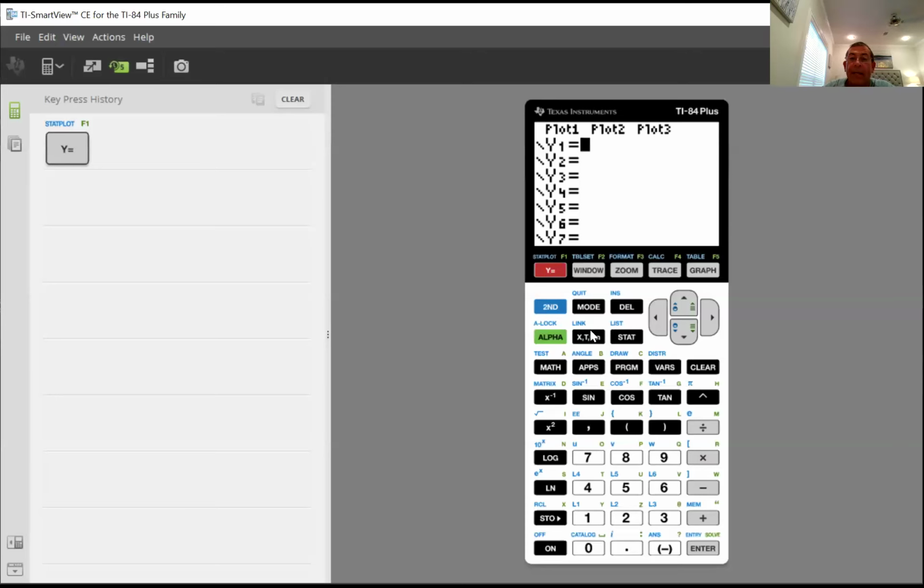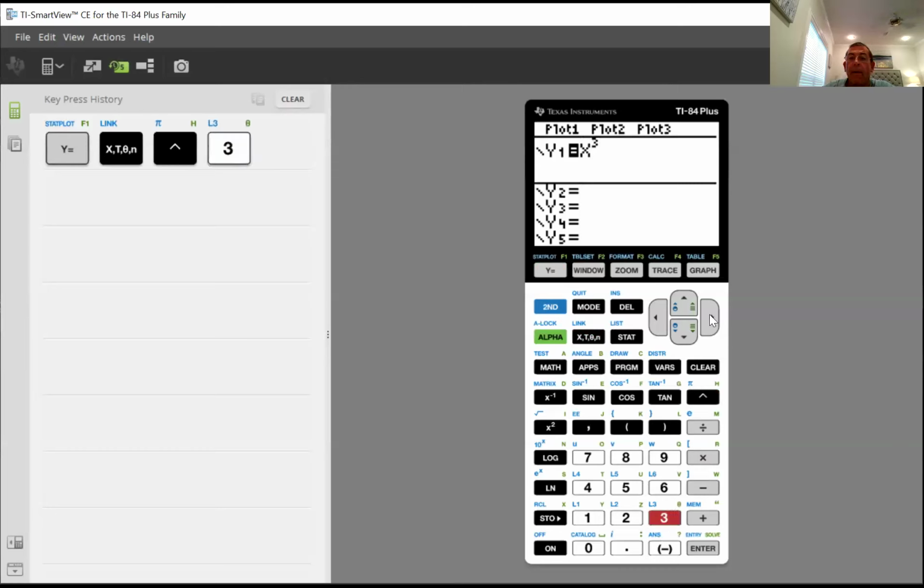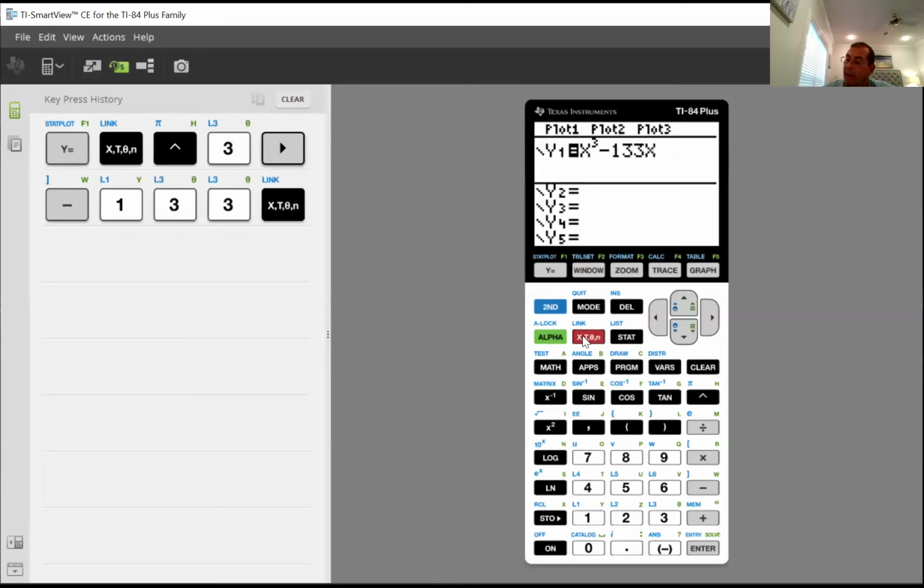All right, so I had x to the third, arrow back down, minus 133x plus 132. So I'm going to look at the graph real quick and see if I can find a spot where it might be crossing over that x-axis.